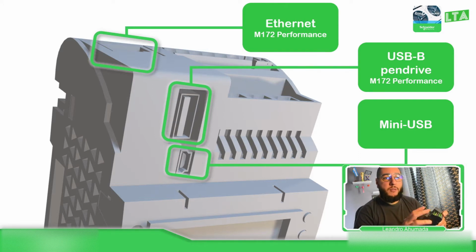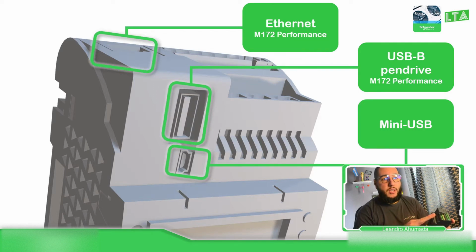Then if we are using the Modicon M172 performance, we have performance unoptimized. You have a USB-B, so you can use a pen drive, and in the top part you have an Ethernet port, which can also be used for Modbus TCP or BACnet.